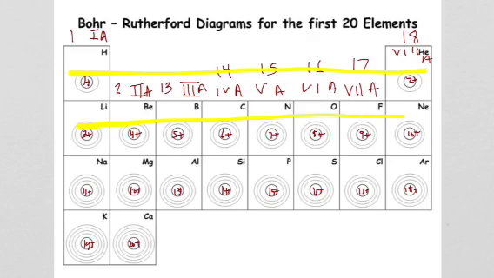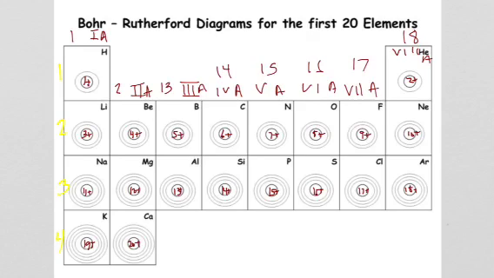This is row number 2. This is row number 3. And this is row number 4. Okay, so I'm actually going to undo all of this and write it in on the side. So we've got period 1, period 2, period 3, and period 4.